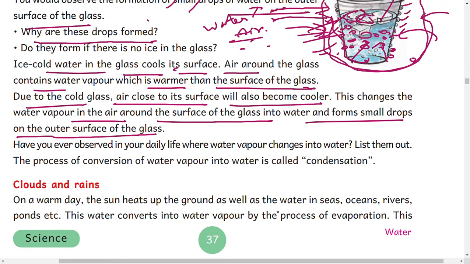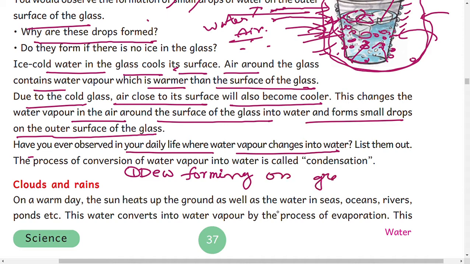Have you observed in your daily life where water vapor changes into water? Have you observed these types of situations anywhere in your daily life? Yes, we have so many examples for this. The first one I have already told you: dew forming on grass and plants during winter mornings, early morning.